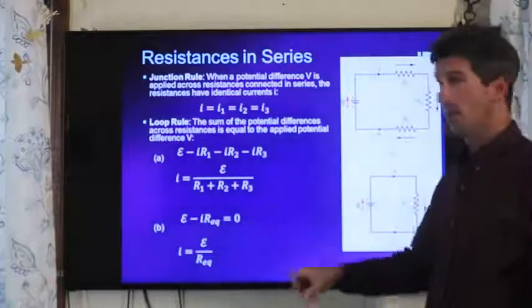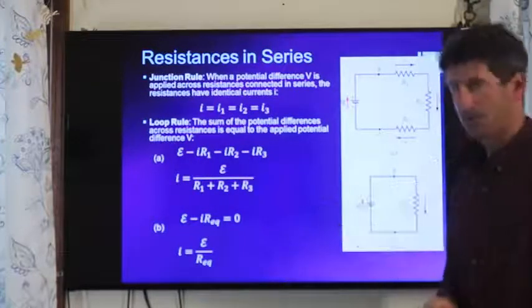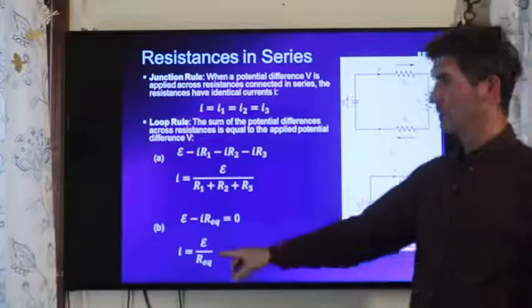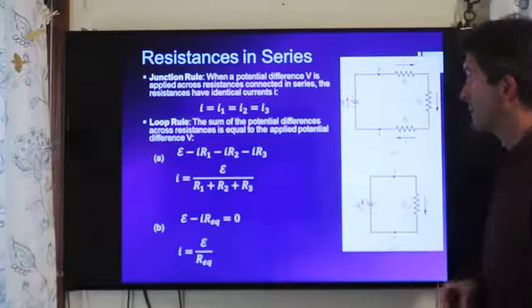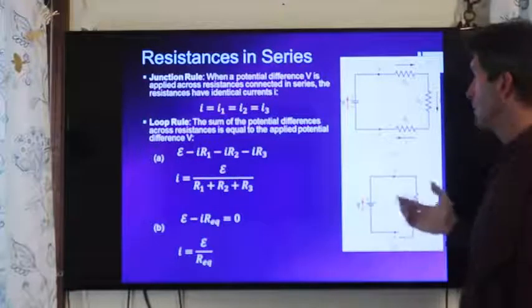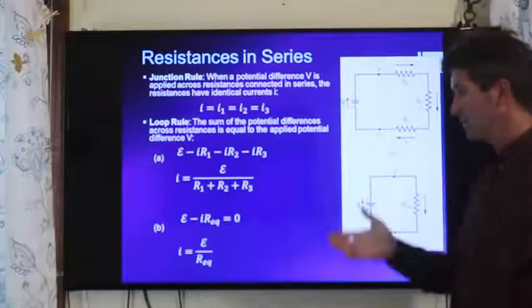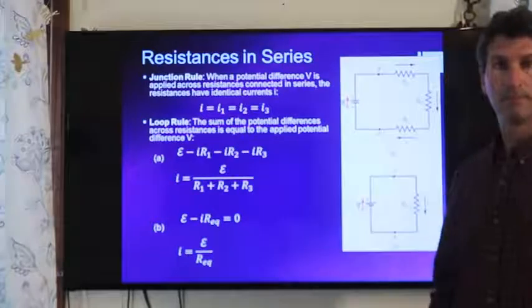And again, that shows that the equivalent resistance of these three series resistors is in fact just the sum of each individual one. So there is Kirchhoff's rules for series resistors, just basically showing that this is equal to this. Works.